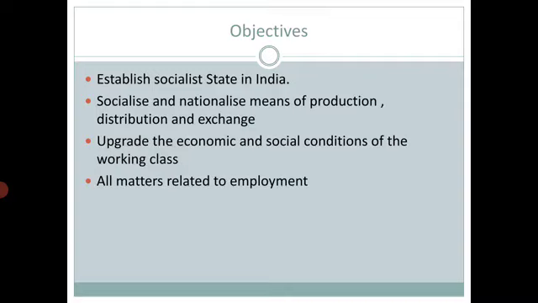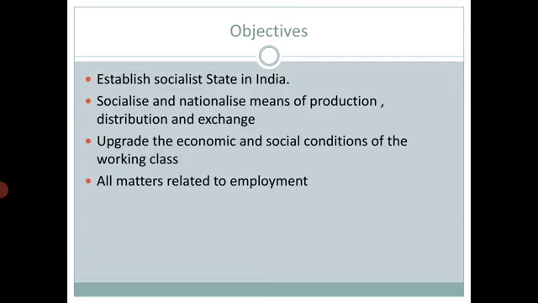So, whenever we consider such things, the objective of AITUC is to watch, promote and address the rights and privileges of the workers in all matters related to their employment.